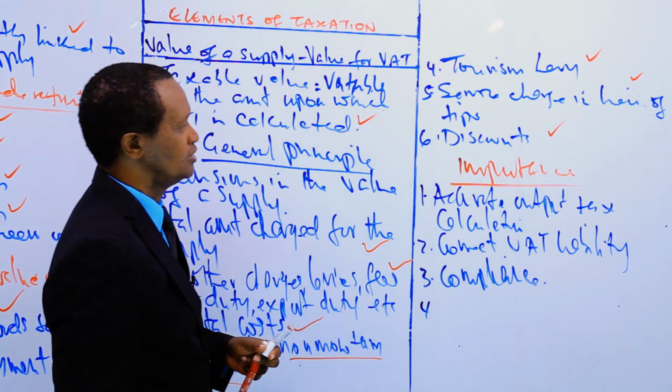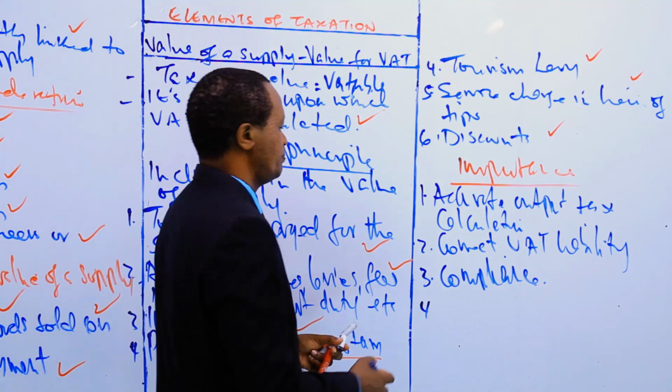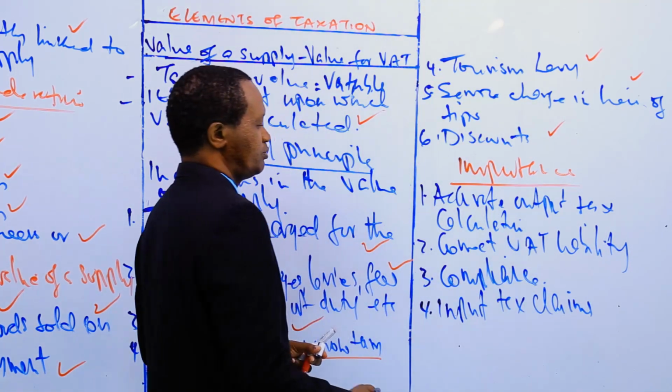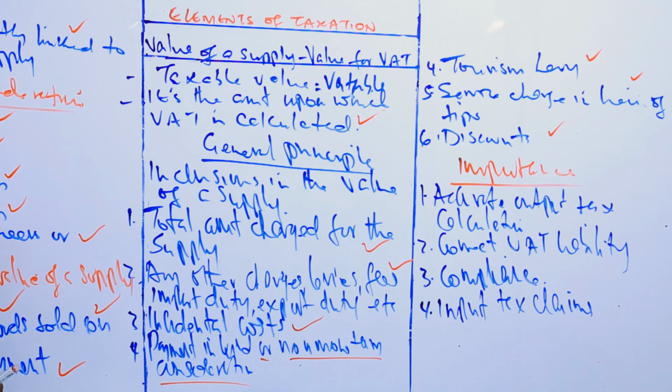Compliance. Then another reason why this calculation is important is just for input tax claims. Because sometimes it is necessary to apply for input tax claims. So the taxable value affects the validity of input tax claims by the recipient if the invoice does not reflect the correct taxable value.